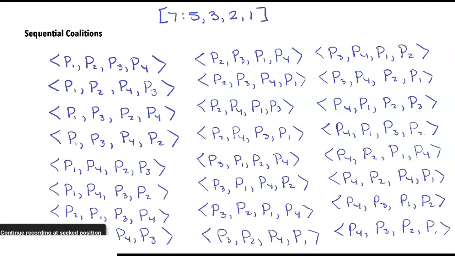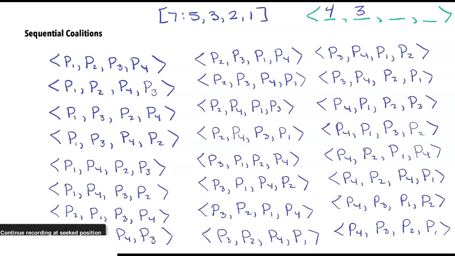Let's for a moment talk about how many possible sequential coalitions there are. If we have 4 players, each sequential coalition has 4 players in it. Think about how many choices we have for each of these spots. In the first position, I have 4 options for which player could come first. Once that player is determined, there are 3 options left for who could come second.